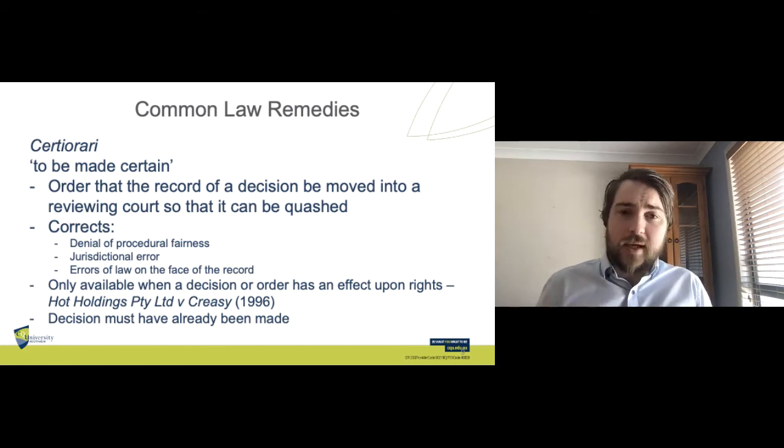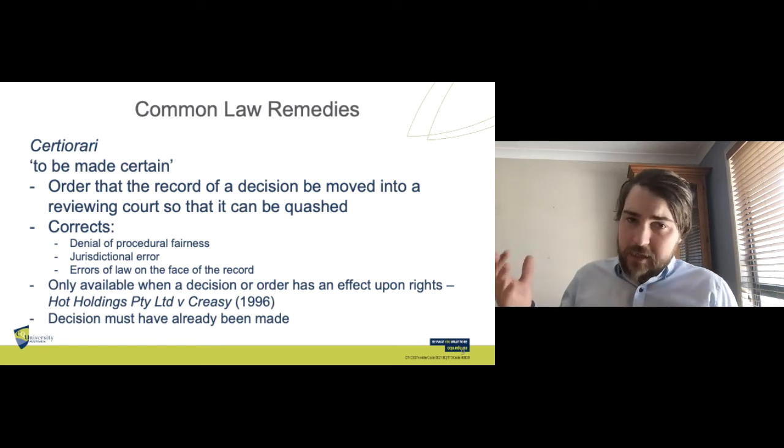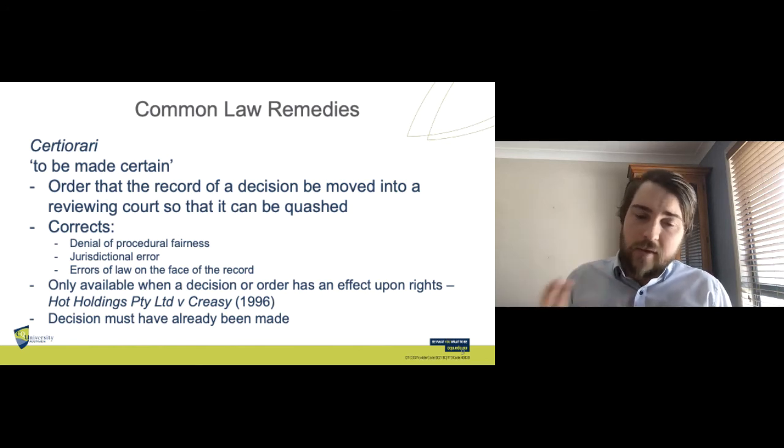What's important is that this will only be available where a decision or an order has an effect upon rights. This is not a huge barrier because if you've got standing to challenge the decision, then it's going to be affecting your rights probably anyway. So that's not a massive barrier, but it's something to keep in mind.